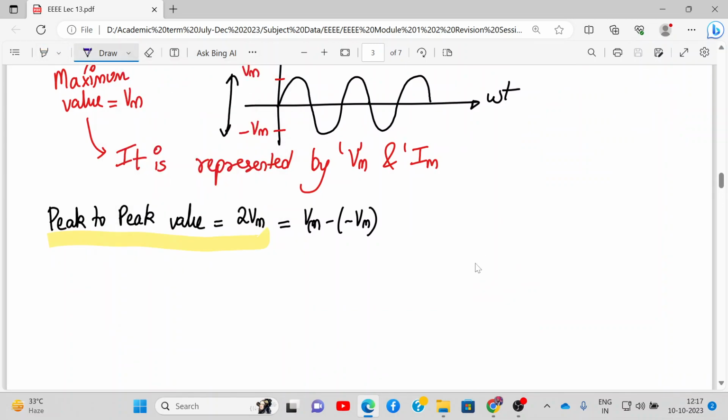Now let us define another term for AC terminology, the average value. Let me use a different color. Average value of an AC quantity. Its definition is as follows.